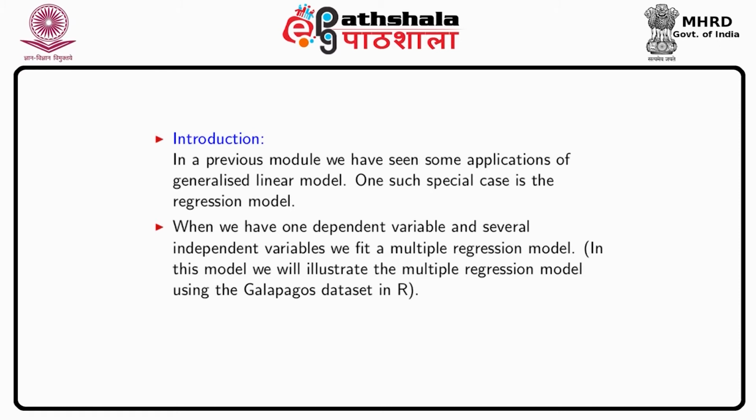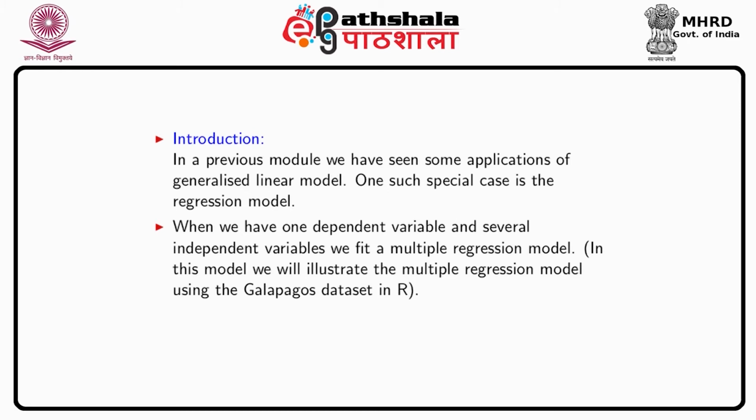Also, before fitting a linear regression, we have seen in one of the previous modules that there are a number of assumptions that need to be satisfied. After satisfying all those conditions, if we know that they have been fully taken care of, we fit a multiple linear regression model to the dataset.